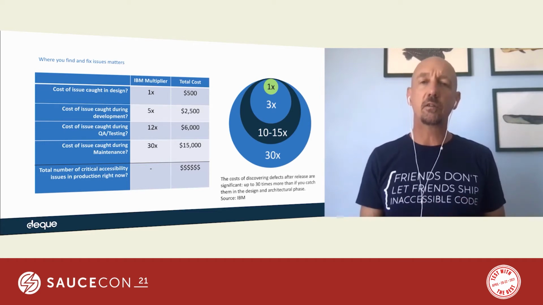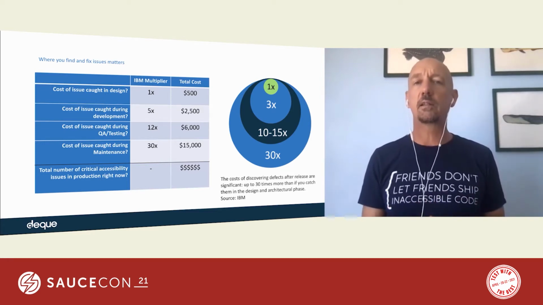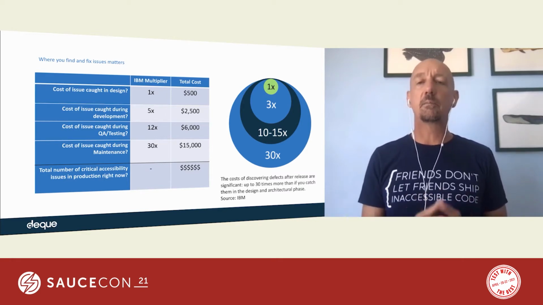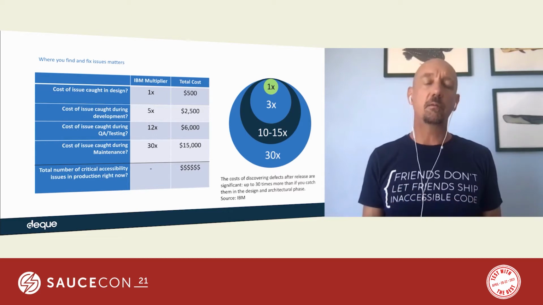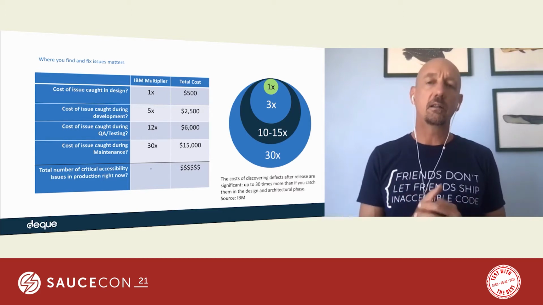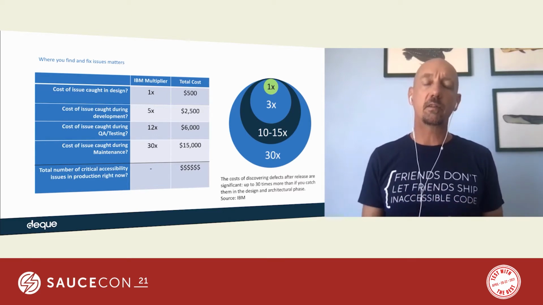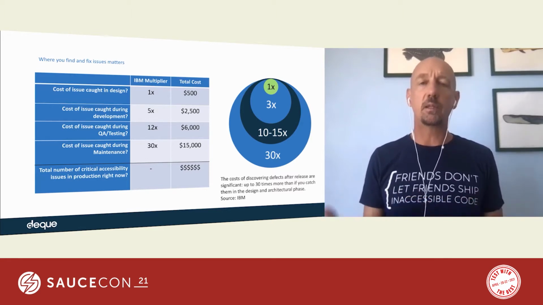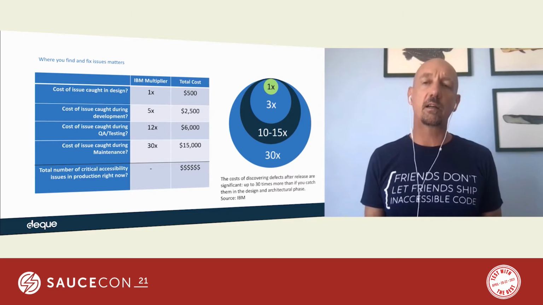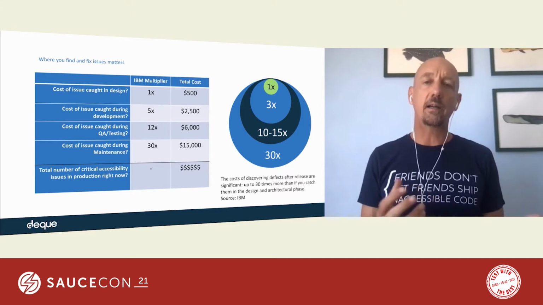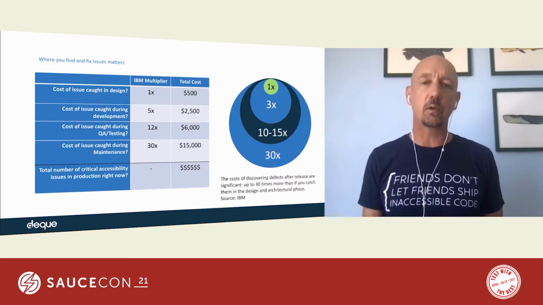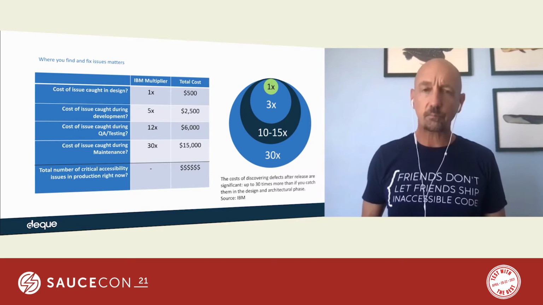If you find it during QA testing, depending on where you find it in the testing cycle, it can take 10 to 15 times as much to fix it. And then if it makes it into production, the effort for finding that and fixing that and getting that back out is up to 30 times as much as it would be if you found it during design. So that's really the ROI message for why you would want to do this in the first place.